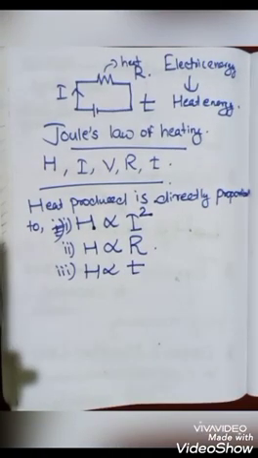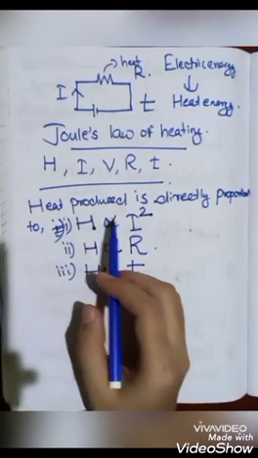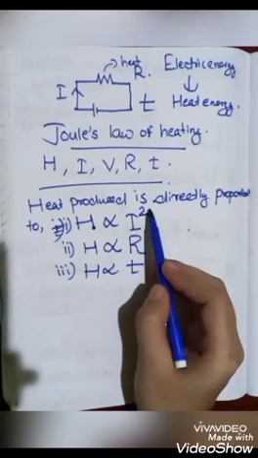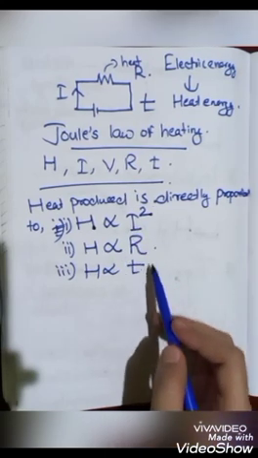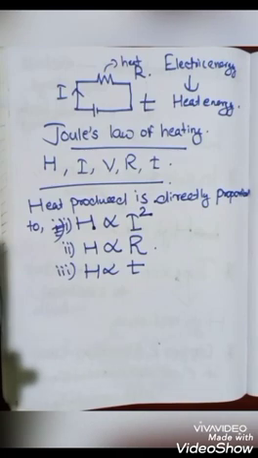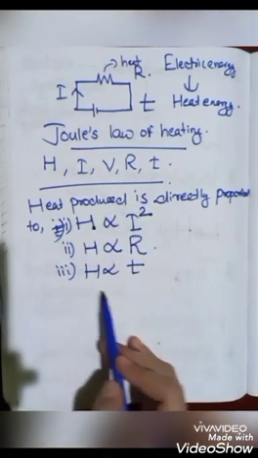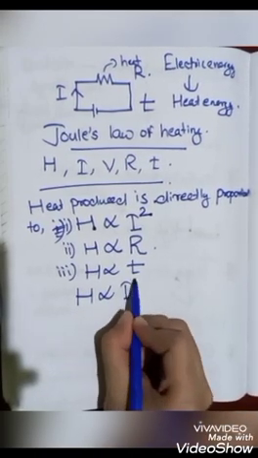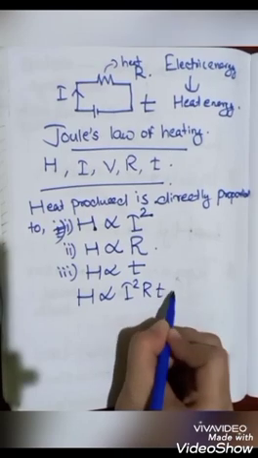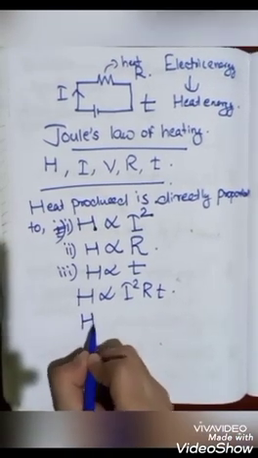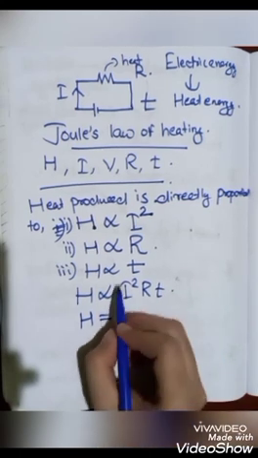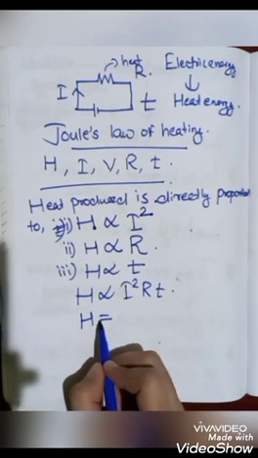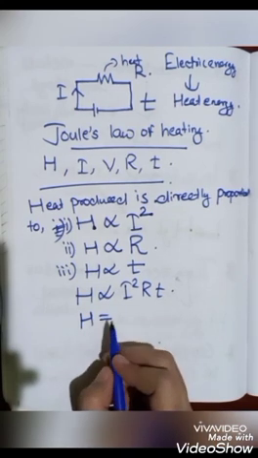According to Joule's law of heating, heat produced in a resistor is directly proportional to the square of the current, resistance and the time. Then by combining these three, we get H proportional to I square R into T. When you convert this proportionality into an equal sign, we have to multiply it with a constant.